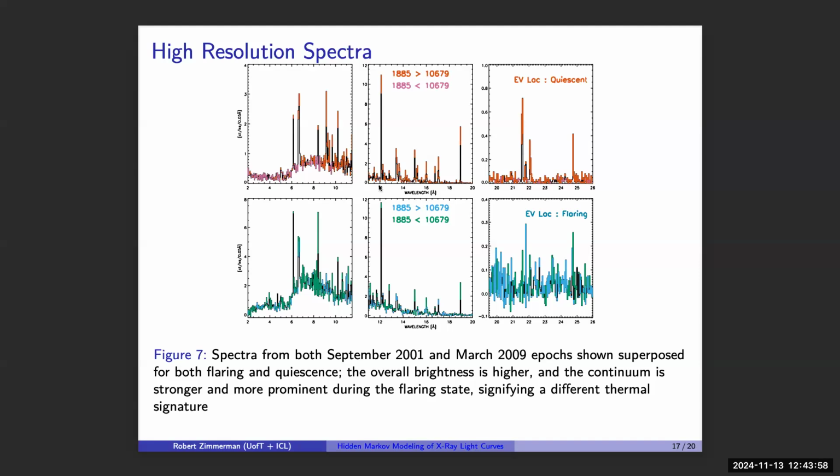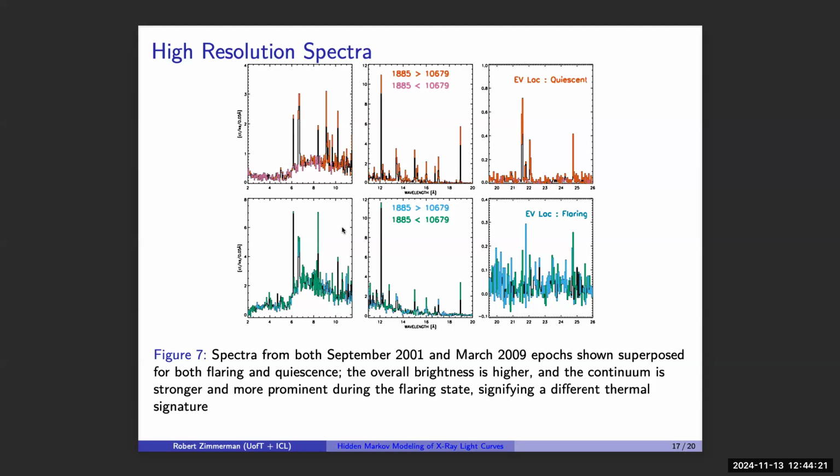Vinny, can I ask, there are 2 points from this figure. One is that the quiescent state looks different than the flaring state. And the other, which you were emphasizing that I didn't quite pick up on before, was that the flaring state and the quiescent states are the same in the 2 epochs.